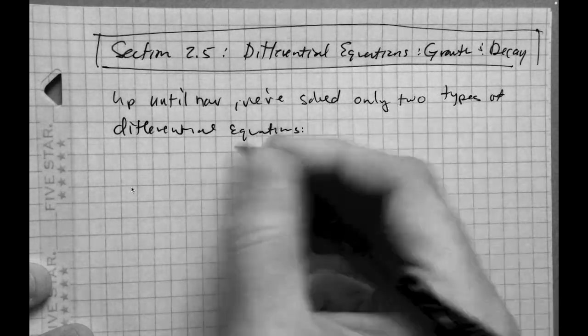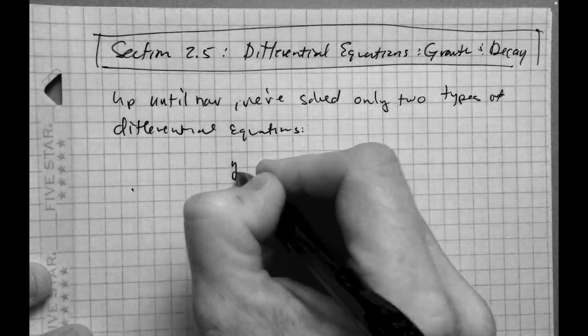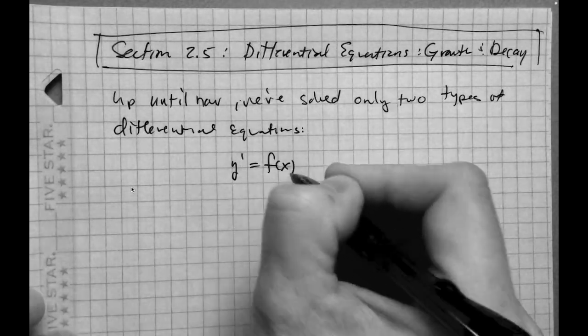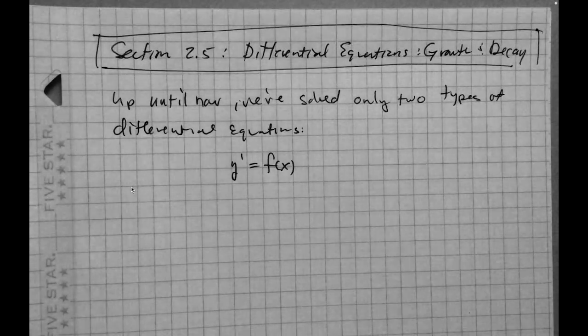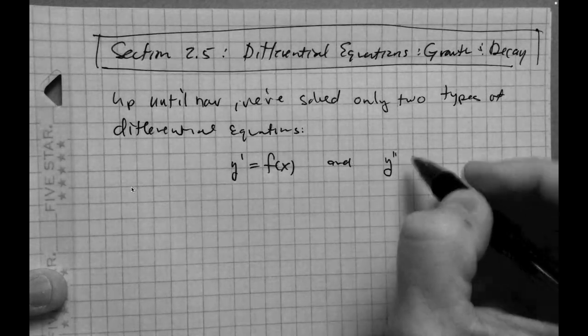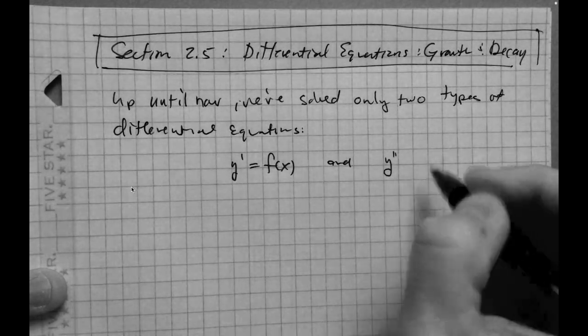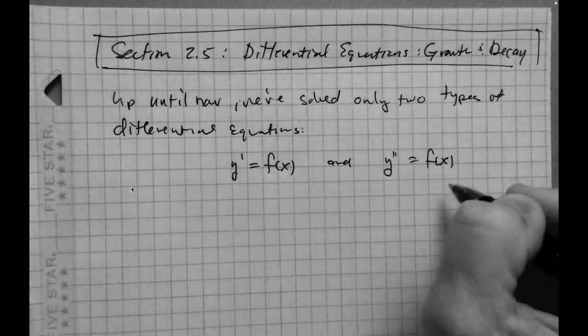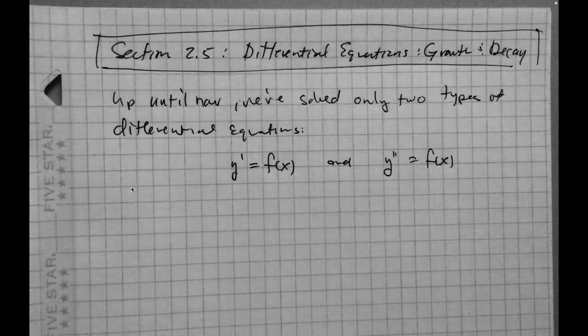What are those types? The first type we looked at was where you've got y prime equals some function of x. And the other one was where we had a second derivative, y double prime, equal to a function of x. These are the only two we've looked at thus far.